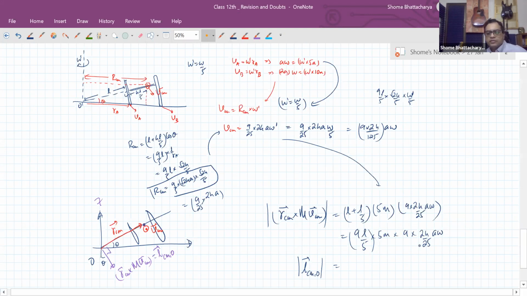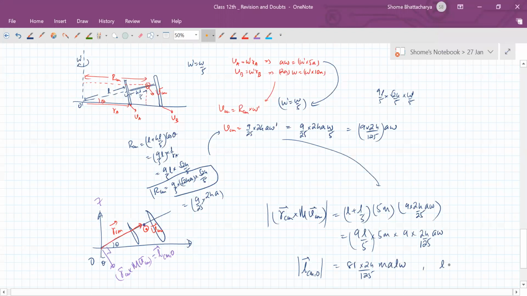So this becomes by 125. Right, so this becomes 81 into 5 cancels out. So 81 into 24 by 125 into M A L omega.